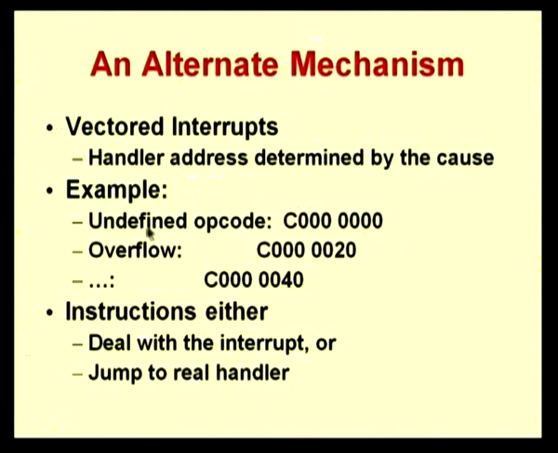Say, for an undefined opcode, the handler address is C0000000. If it is an overflow, the handler address is C0000020. If it is some other thing, it is at some other address. So depending on the type of exception that I have got, I can find out where the handler is located, load the instruction from this location, and then start executing. So this is another mechanism that you can use.